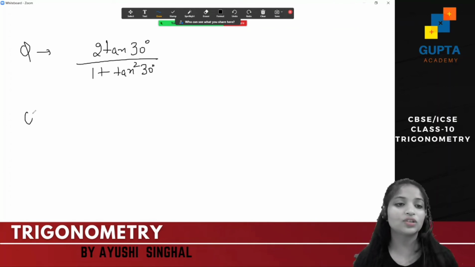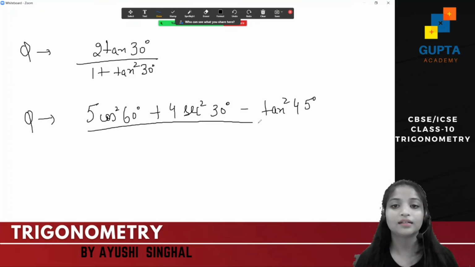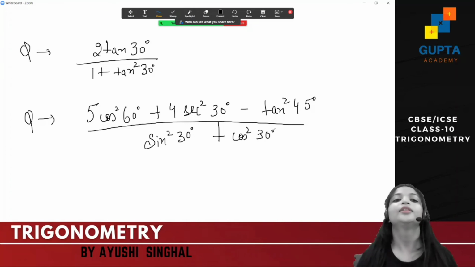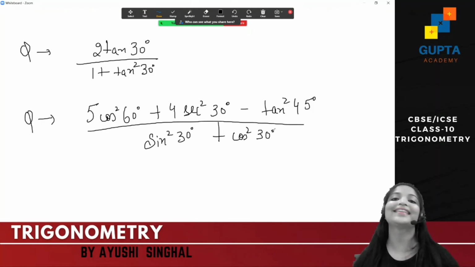And the next question जो आप सॉल्व करोगे that would be 5 cos square 60 degree plus 4 sec square 30 degree minus tan square 45 degree upon sin square 30 degree plus cos square 30 degree. So you need to solve these questions. Write the answer in the comment section and then I'll tell you what the exact answer is.